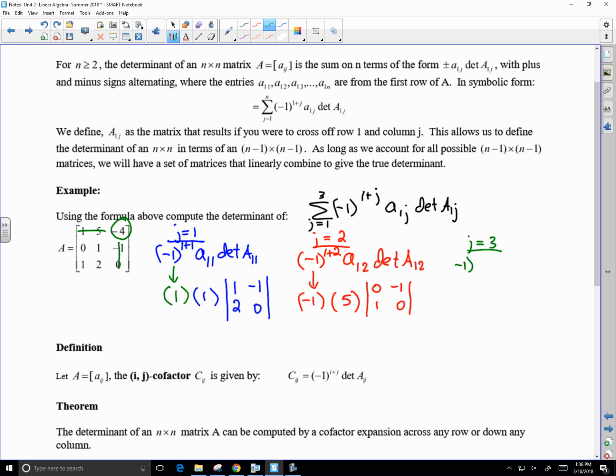So -1 to the 1 plus 3, A sub 1, 3, determinant of capital A sub 1, 3. -1 to the 4th power is a positive 1. A sub 1, 3 is a -4. The determinant of all the remaining stuff: 0, 1, 1, 2.